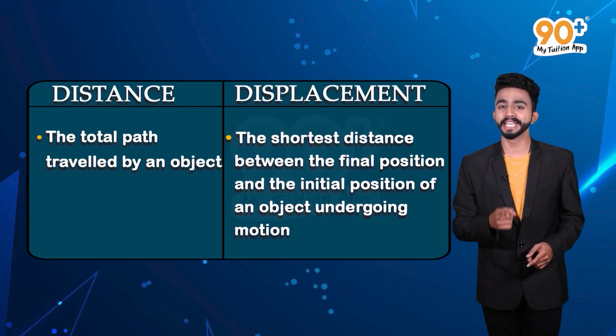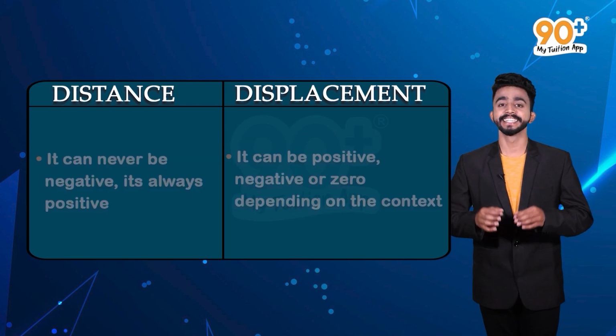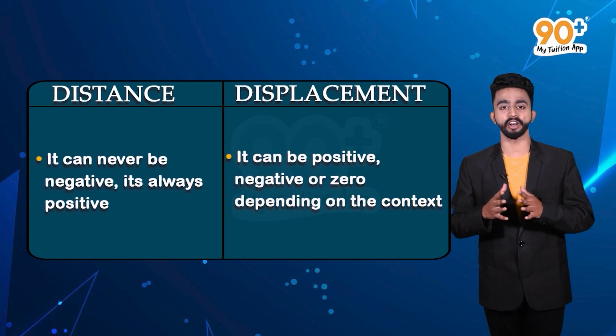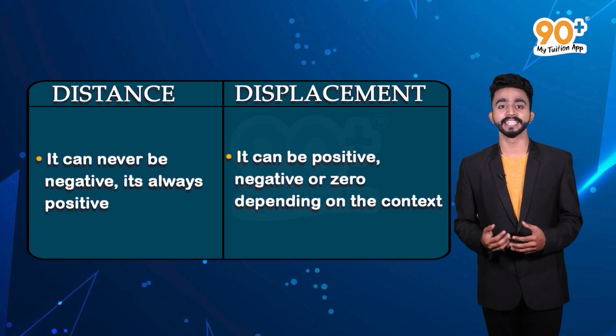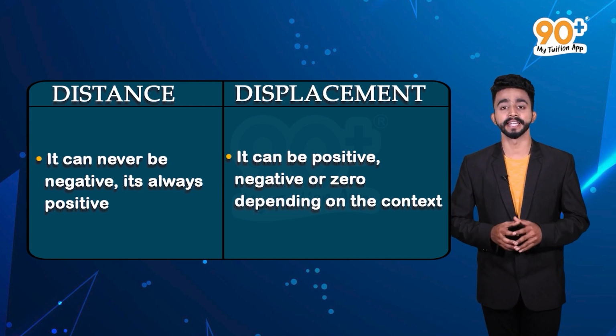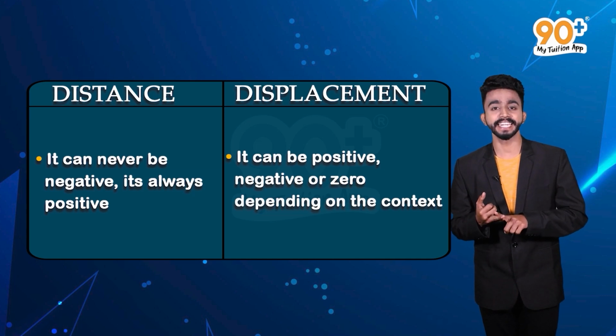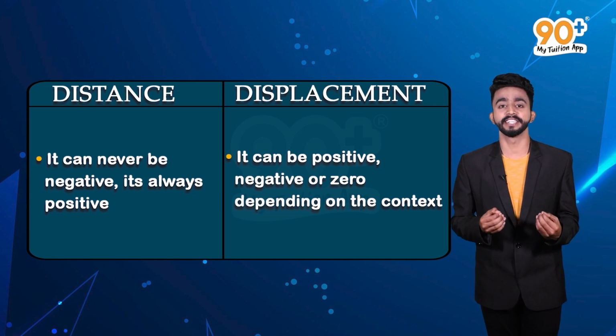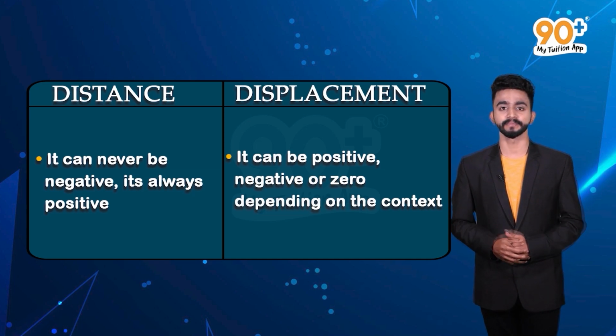My dear champs, keep a note of this. That is, the distance will always be positive since we can't measure the distance value with negative integers, and the displacement can be positive, negative or zero based on the different contexts or cases.